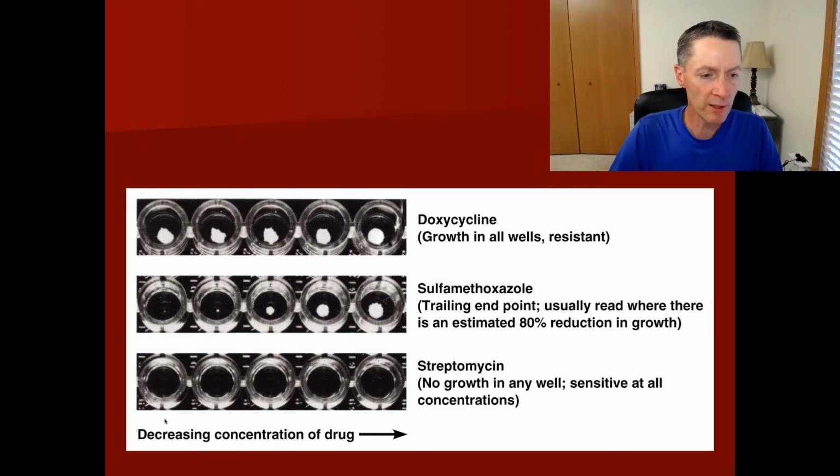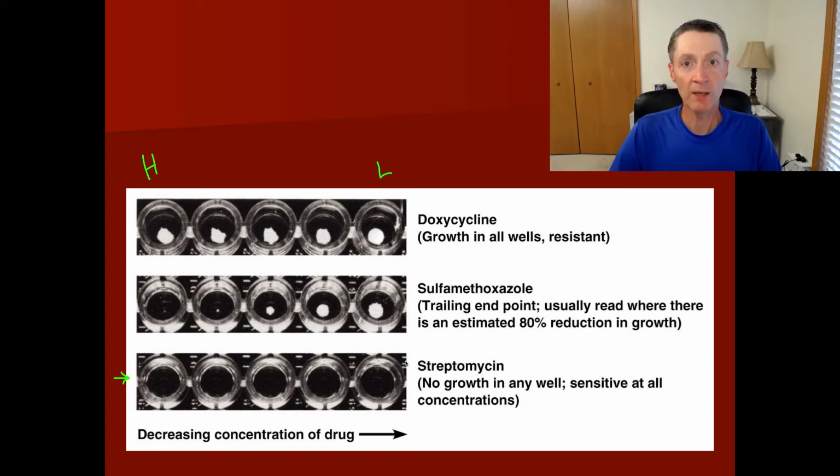So here what they did was they put broth in each of these wells. So let's say this one on the bottom, right? They put broth in each of those wells, and they added a drug in decreasing concentrations, the most on the left and the least on the right here. So on the left side we have the highest concentrations, and on the right side we have the lowest concentrations.